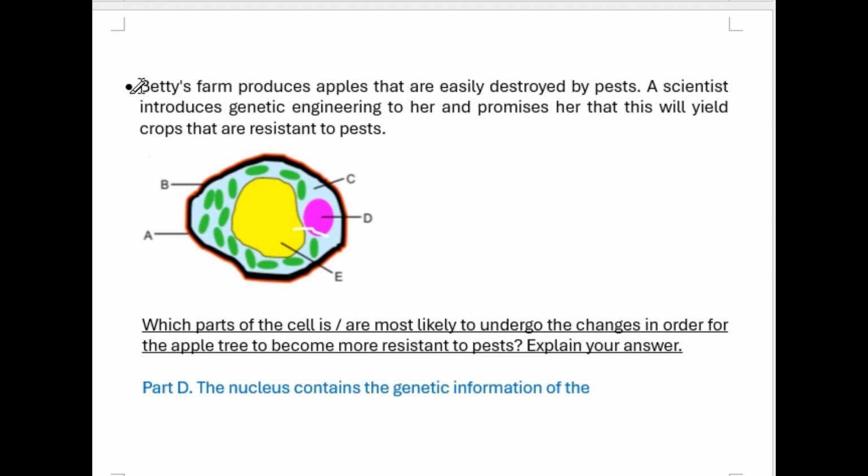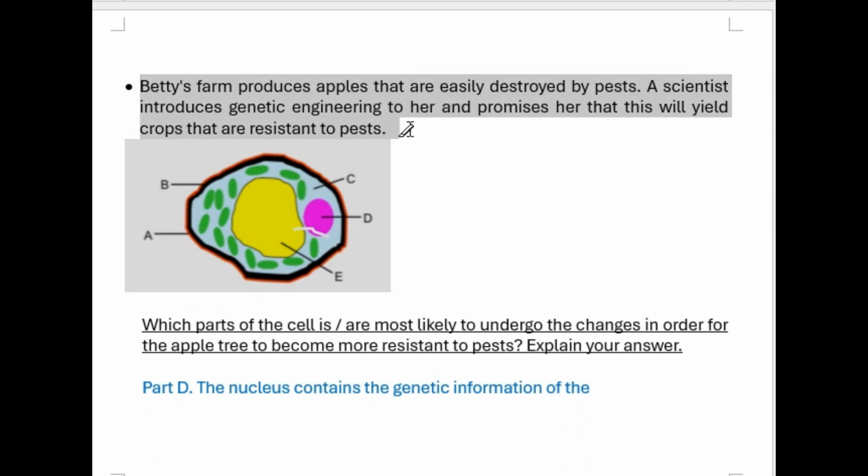Betty's farm produces apples that are easily destroyed by pests. A scientist introduces genetic engineering to her and promises her that this will yield crops that are resistant to pests. Which parts of the cell are most likely to undergo the changes in order for the apple tree to become more resistant to pests?